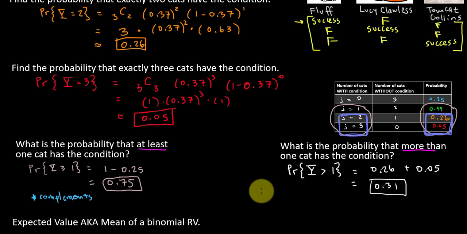All right, we've discussed the probabilities that make up the PMF, that's the probability mass function for a binomial random variable. Let's talk about the expected value, aka the mean, of a binomial random variable.